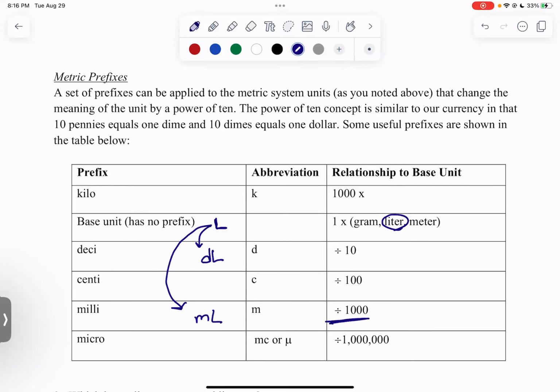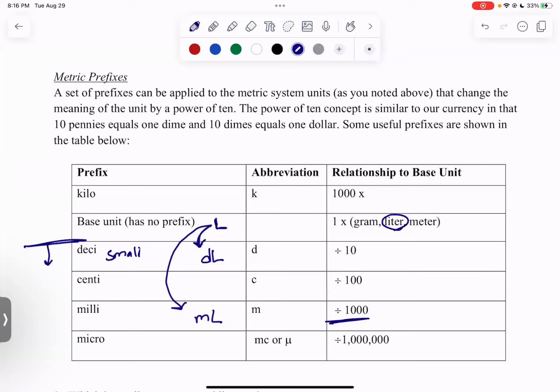So using this chart, and this chart is the exact same chart that's on your best friend, you're going to have this on an exam. Anything in this chart that is below the base unit is going to get smaller. So when we go from the liter to the deciliter, we're getting smaller.